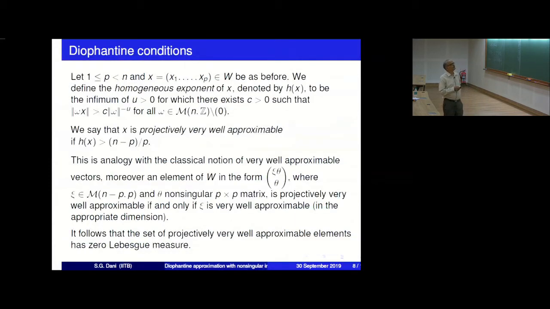So consider any p tuple as before, and we define what we call the homogeneous exponent of x, denoted by h(x).